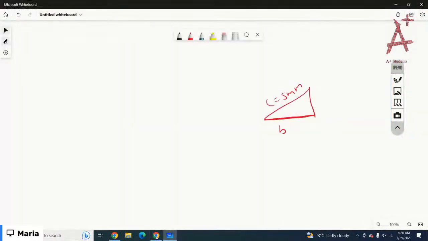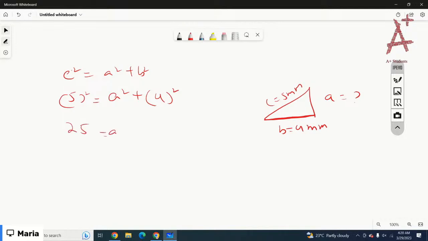You need to calculate the missing side length. So this one is missing. You need to calculate A. So the Pythagorean theorem is C square equals A square plus B square. You have the value of C, that is 5. Just replace C with 5. You need to calculate A, and B is 4. 25 equals A square plus 16.